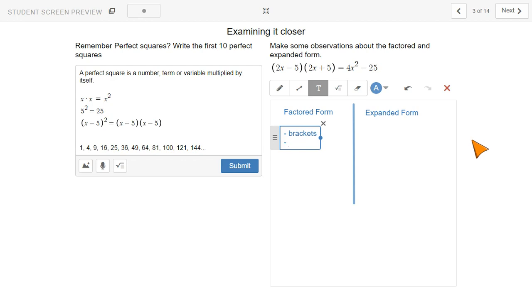And inside the brackets, we have the same numeric value. So 2x, 2x, a 5, and a 5.